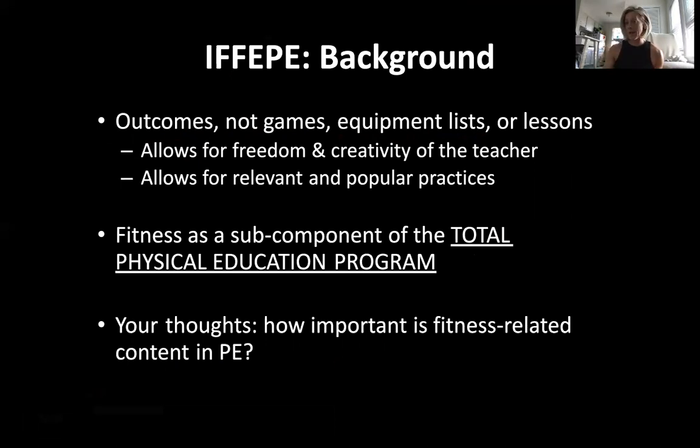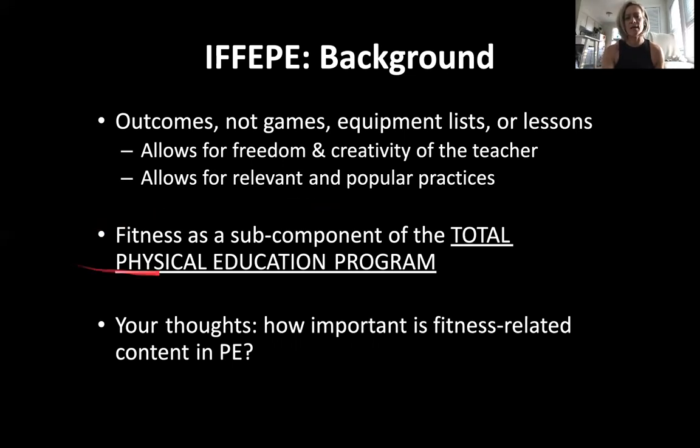It uses domains to categorize it, but anytime it doesn't give us straight up games, it gives freedom and creativity to the teacher, which I think is a huge pro of it. It challenges us to find activities and learning experiences that are relevant and exciting, culturally relevant for the type of population we have, and even just geographically relevant for where we are and what equipment we have access to.